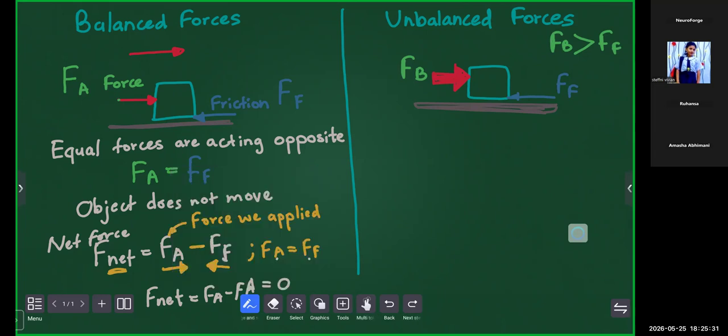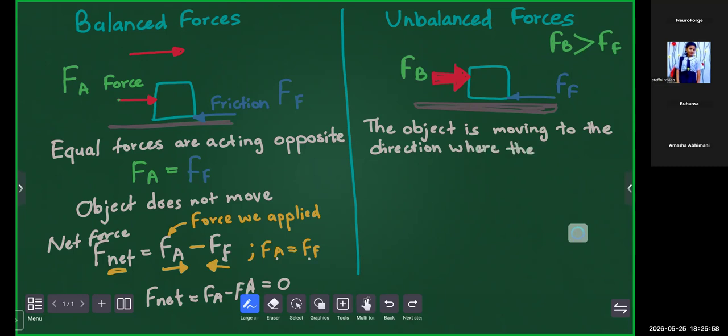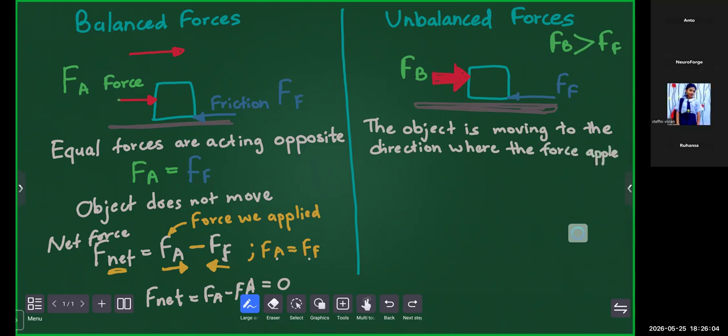FB is not equal to FA. Now the object is moving to the direction where the force is applied. The biggest force is this side, so the object starts to move that side.